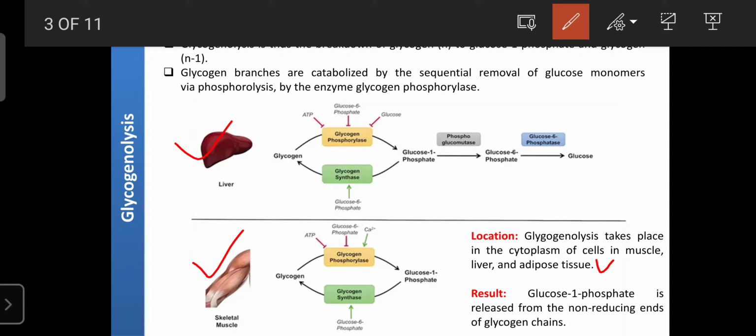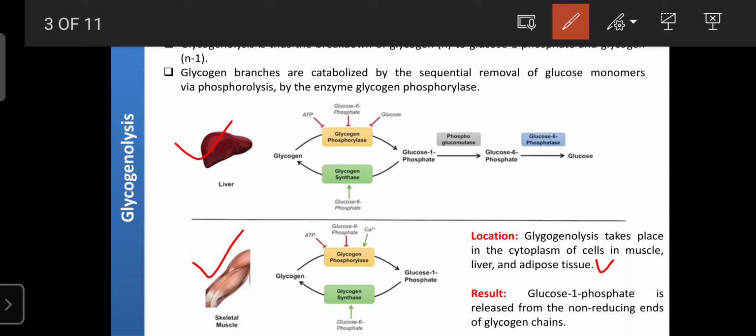In the muscle, glycogenolysis especially occurs as a source of energy.